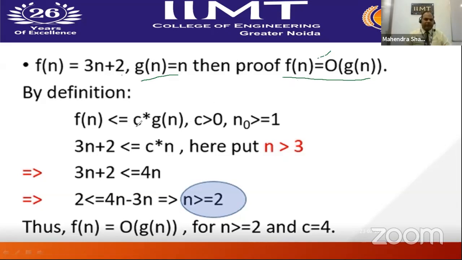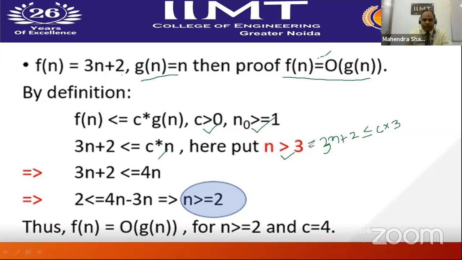As we know by the definition, f of n is less than or equal to c of g of n, when c is greater than 0 and n0 is greater than or equal to 1. Let's put in this value. 3n plus 2 is less than or equal to c of n.